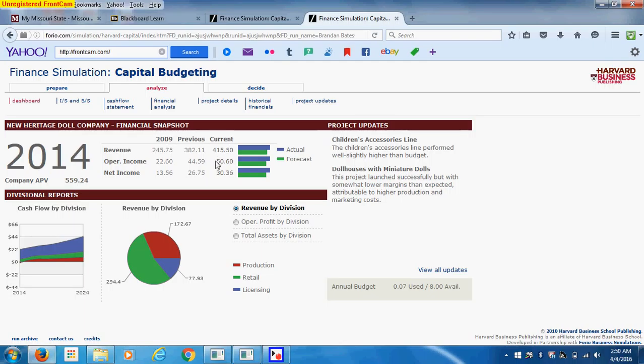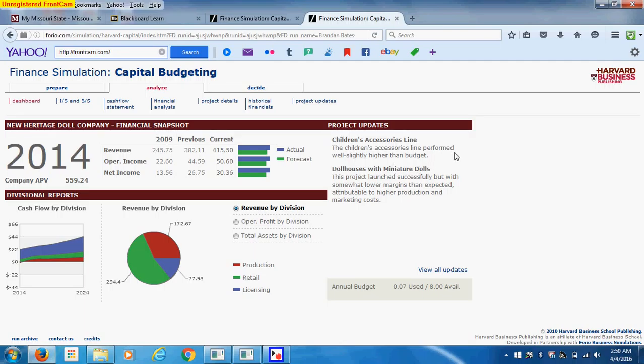And as you can see, between those two and the previous, it has increased each year to get the results I have now. The biggest contributor to that, if you look here, was retail, then production, and the smallest was licensing.